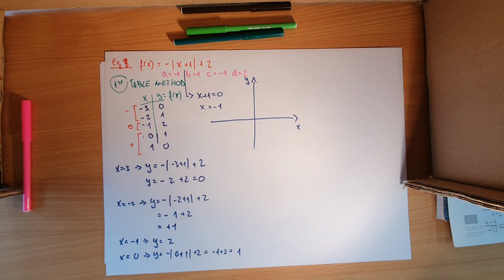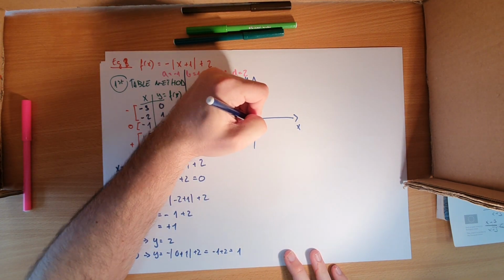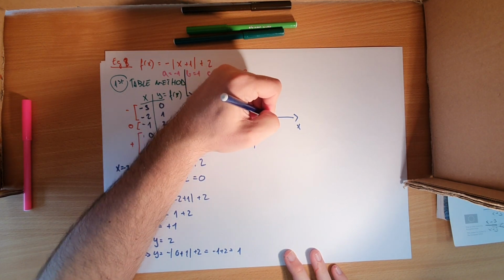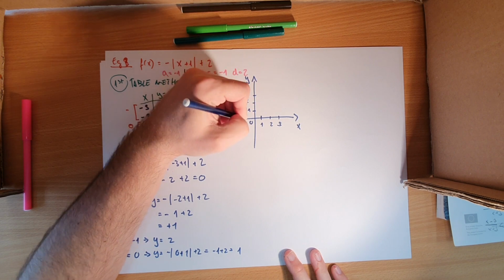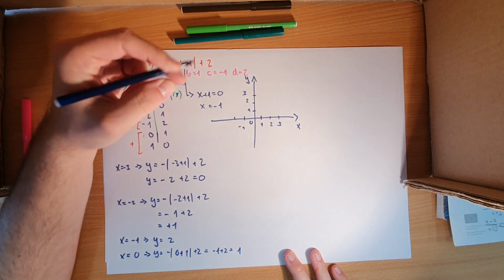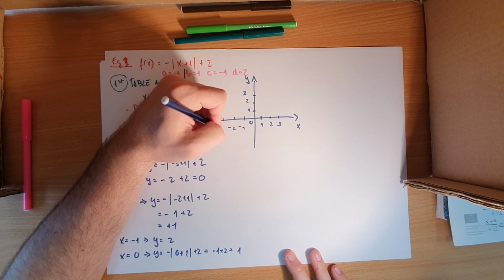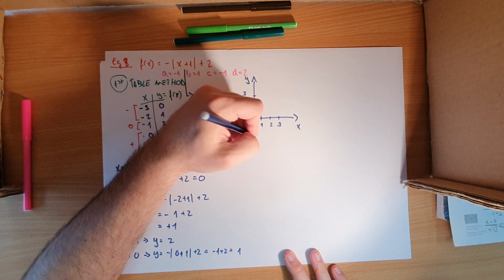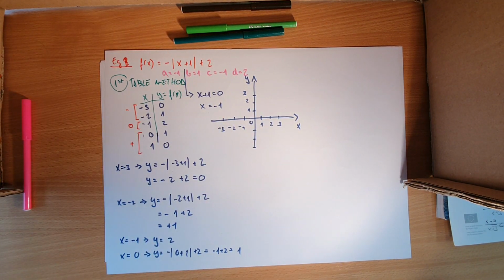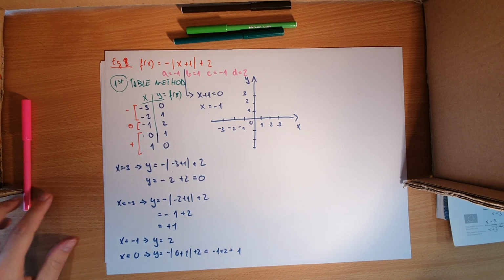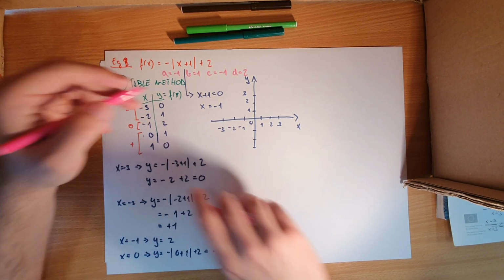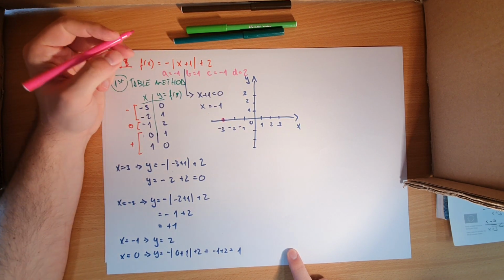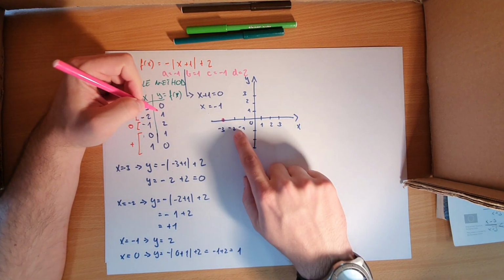So let's draw now finally the axes: 0, 1, 2, 3, minus 1, minus 2, minus 3. Here we go. So the first value is minus 3, 0. This is this point here.